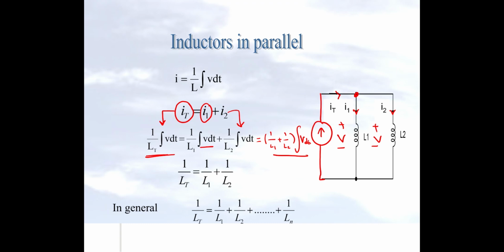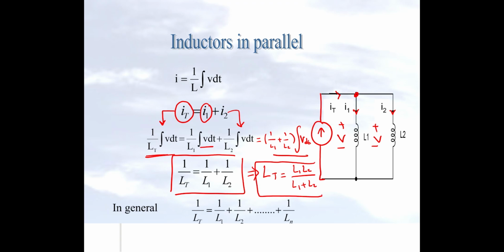For both sides to match, we must have 1 over LT equal to 1 over L1 plus 1 over L2, which is equivalently LT equals L1 L2 divided by L1 plus L2, which is the same combination as if we have parallel resistors.